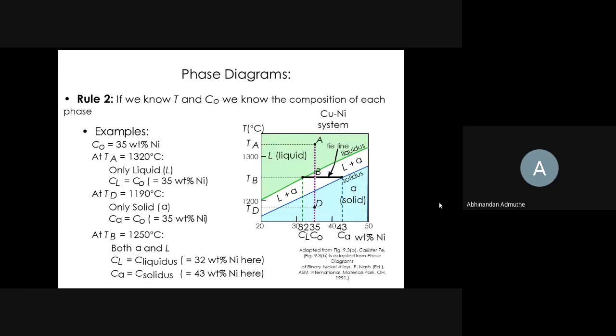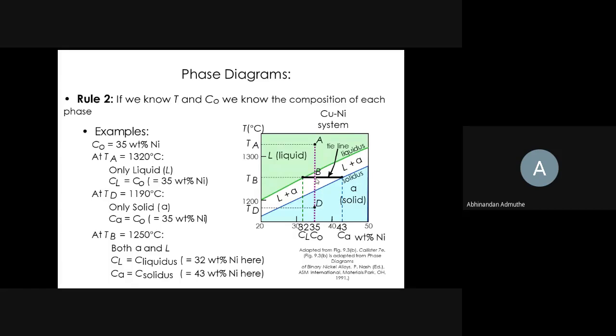For 35 weight percent nickel, at point A, we have only one liquid phase, and the composition of this liquid phase is 35 weight percent nickel. At point D, we have only one phase, that is solid, so again the composition of this solid phase is 35 weight percent nickel.